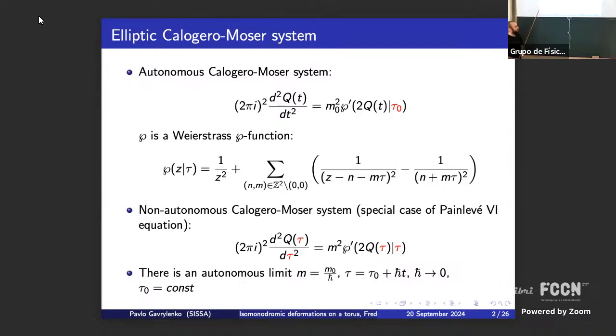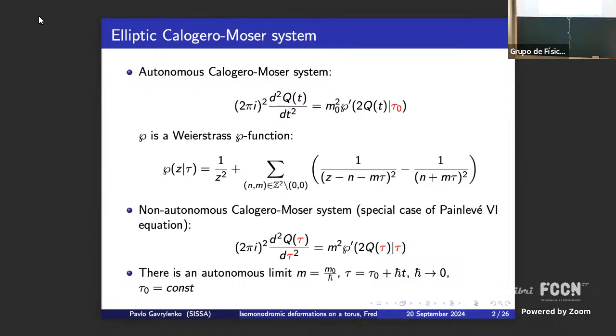Let me tell this because it is usually useful to compare phenomena which happen in the non-autonomous case to phenomena in the autonomous case, and also to study the limit m equals 0 when this particle becomes free.